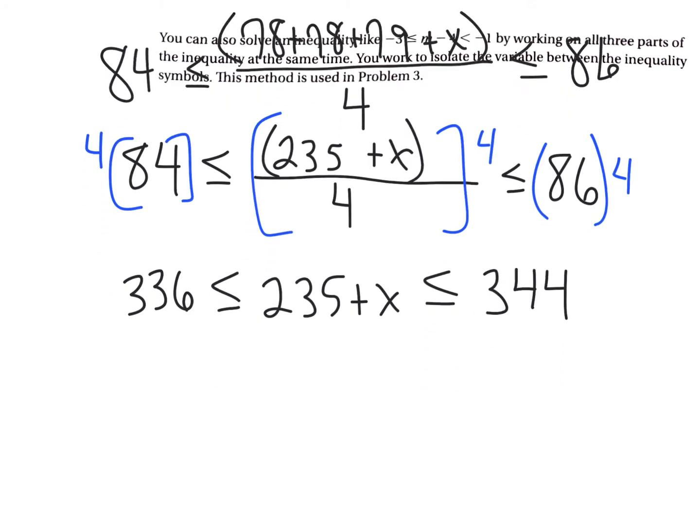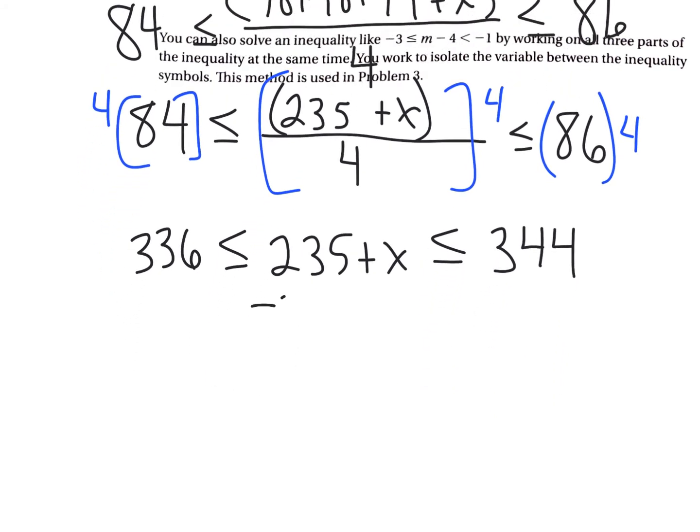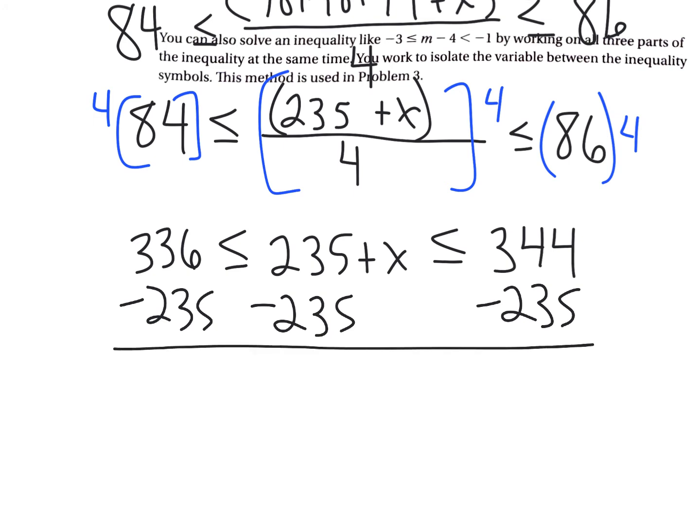And then the last step would be to subtract 235. If you do that, you'd have to get between 101 and 109 on the test. So that's, we're going to assume, not possible if 100 is the maximum grade you can get on the test.